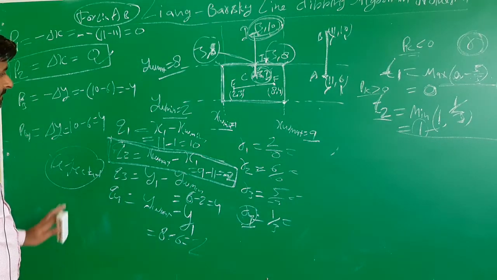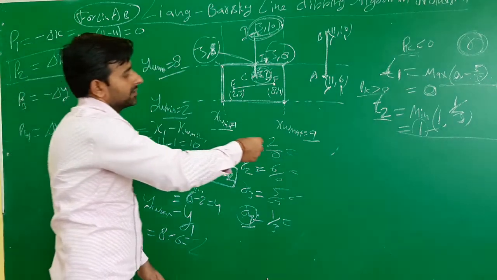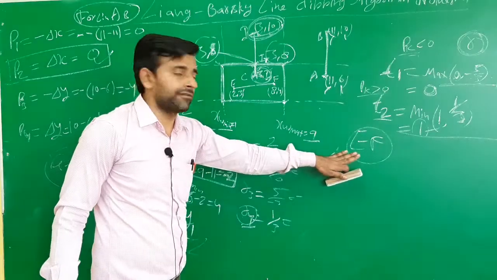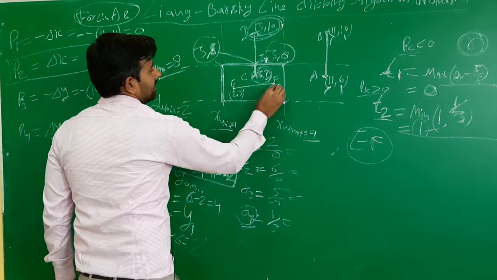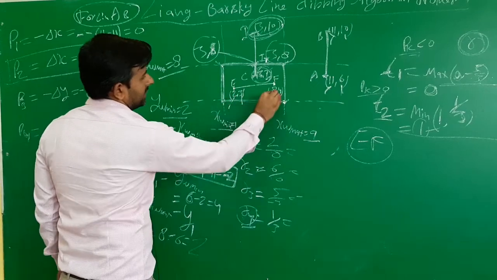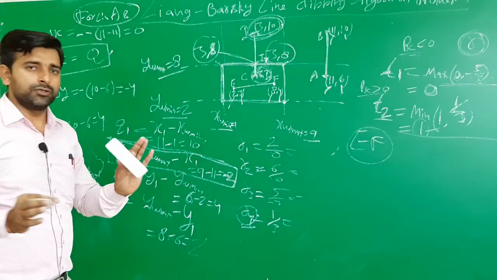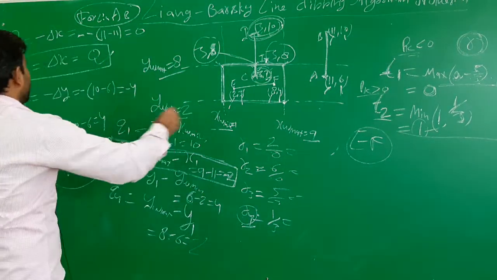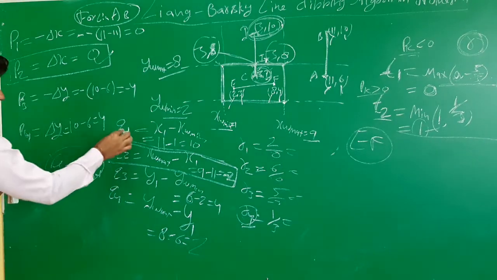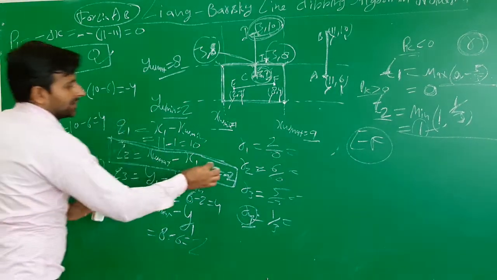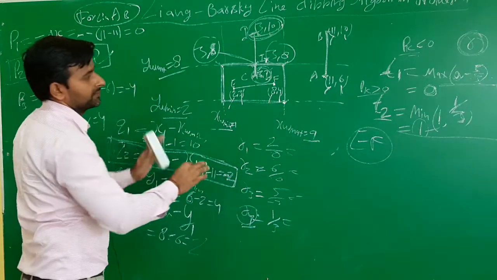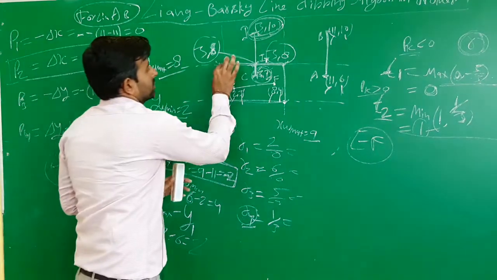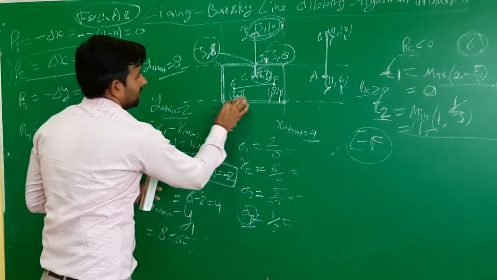Okay? Clear? Now we have the last line, E and F. For line E and F, x1, y1, x2, y2, you will do it by yourself. Okay? Find the values P1, P2, P3, P4, Q1, Q2, Q3, Q4, and then R1, R2, R3, R4. Because this is not rejected. It's totally inside the window.